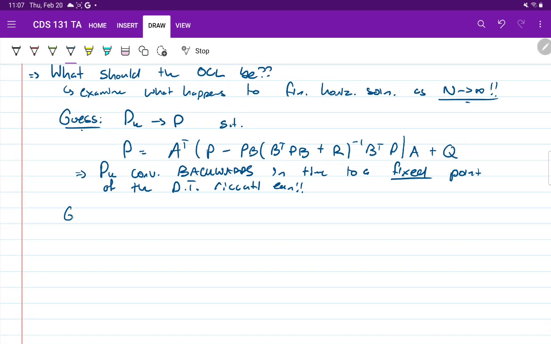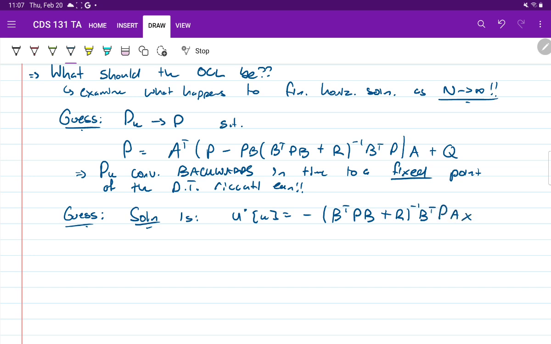Now, our second guess is that our optimal control law will then just be the optimal control law with P, the solution to this fixed point, plugged in the place of Pk. So our solution is u star at k equals minus (B transpose PB plus R) inverse times B transpose PA times x.